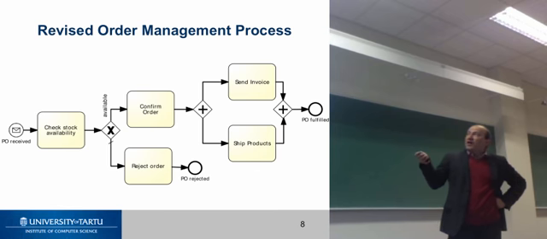When an AND gateway like this one has multiple incoming arcs, it means I have to wait for this to be done and for this to be done, and then I will say that the purchase order has been fulfilled once both have been done, right? Remember that one? Both. Not one, not the other, both.